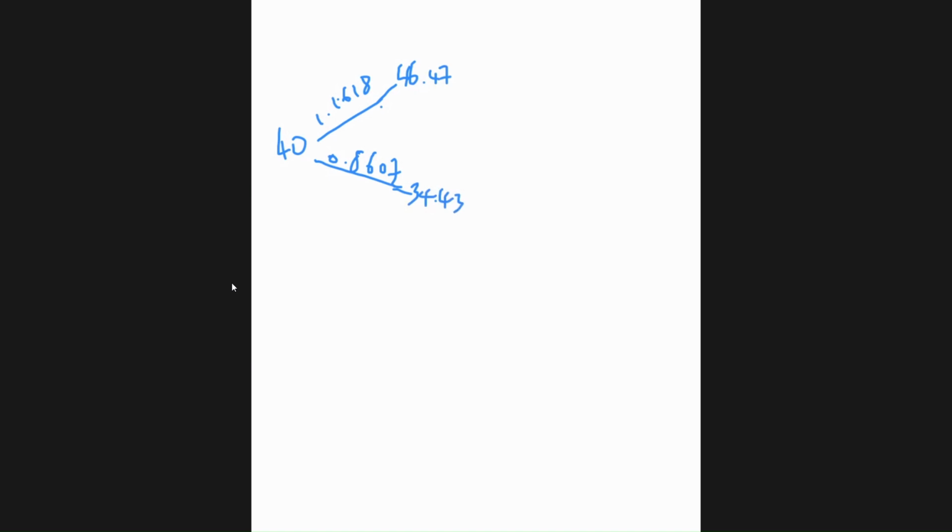Then the price will go up further or down further. If 46.47 goes up further, you just multiply with the same factor.